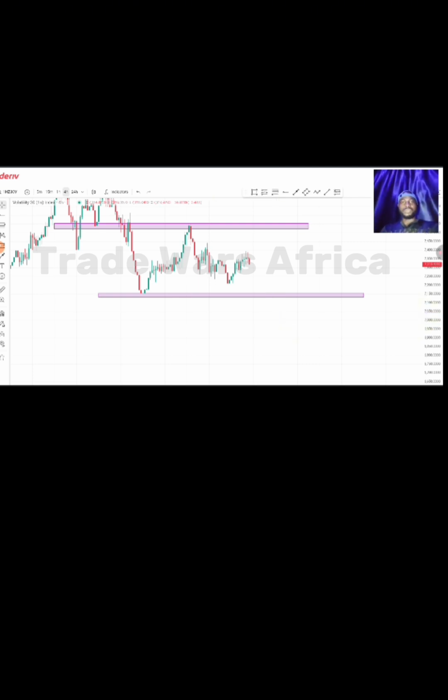We also have a level around here, which the market has tested, and also for me, like a double top around here.